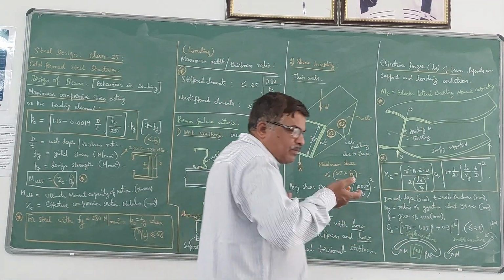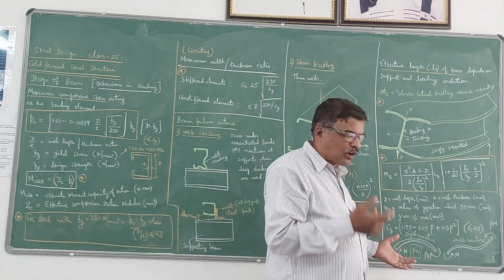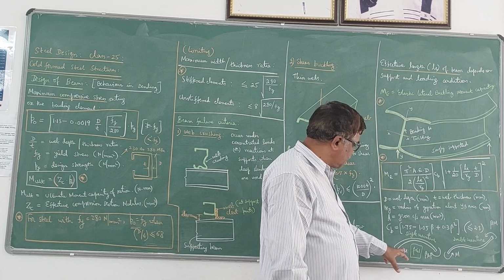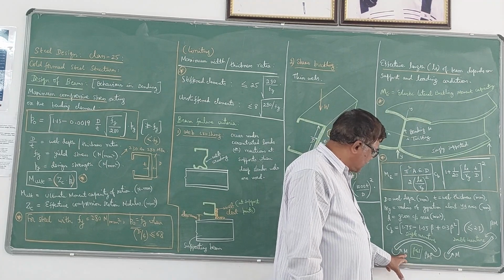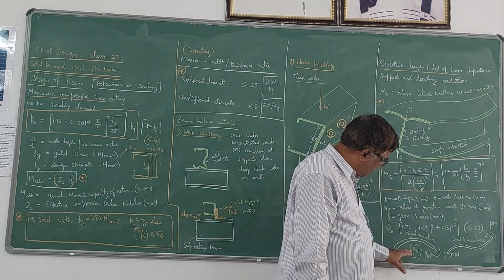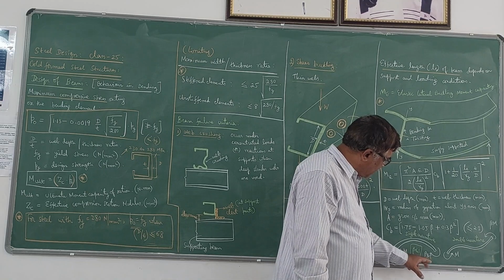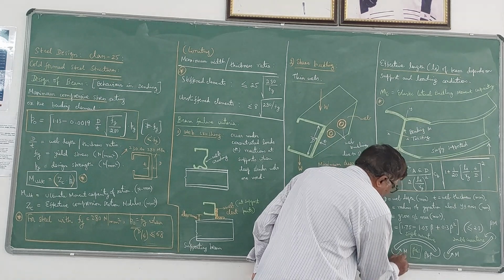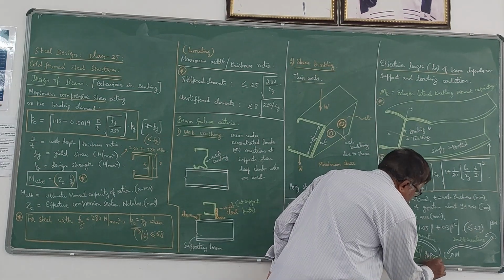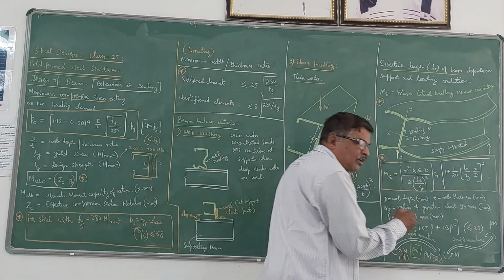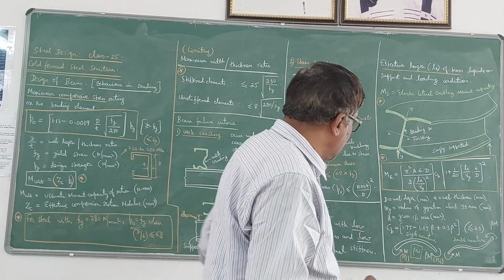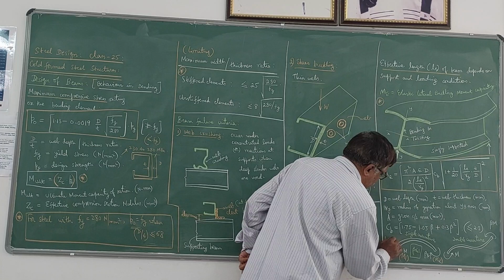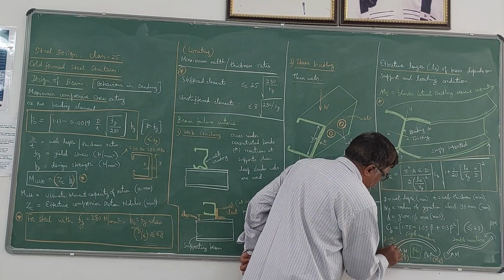In the case of beam columns also we use this concept, where we call it psi. Here it is beta. Suppose this is M1 and this is M2, and let us say they are of different magnitude, then beta will be given by M2 by M1. So beta is equal to M2 by M1.